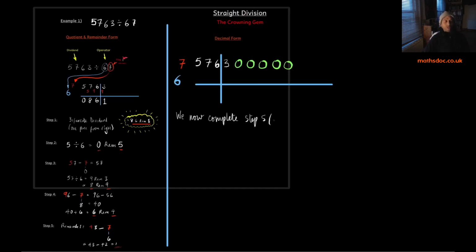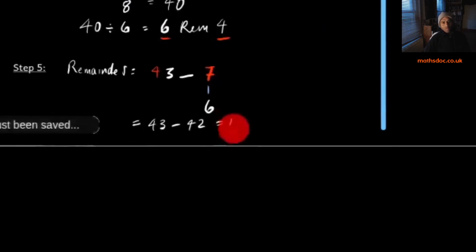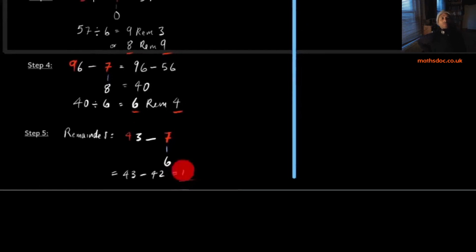Now what do we do in step 5? I think we just got a remainder of 1 there, didn't we? But what are we going to do with that 1? We've got a remainder of step 1, if you remember. So let's have a look.